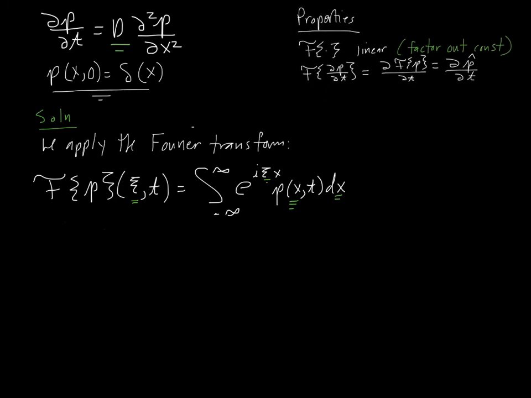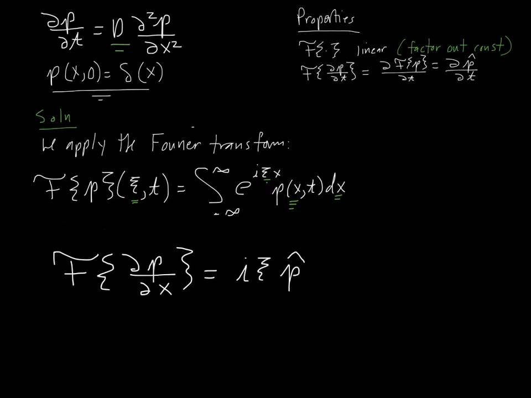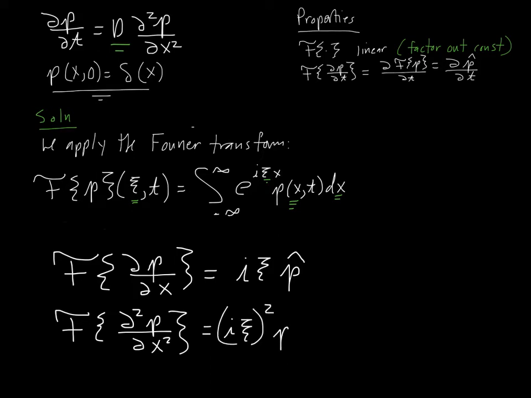And then most importantly, the Fourier transform of spatial derivatives are treated quite nicely as well. If you take the first partial of p with respect to x, this is going to be equal to ic times the Fourier transform of p. And because this problem is second order in space, what we'll really want is the Fourier transform of the second derivative of p with respect to x. All that does is tack on another copy of ic and then multiply by the Fourier transform of p.